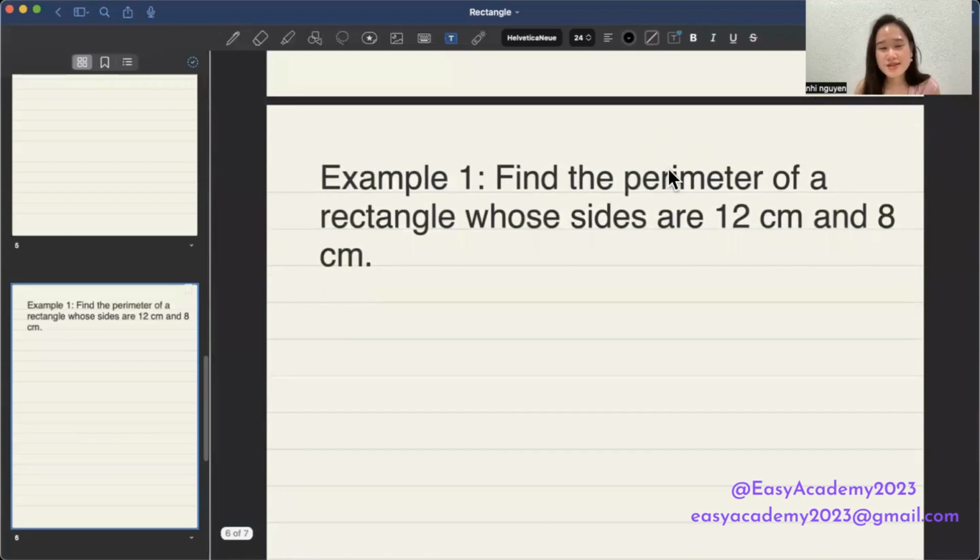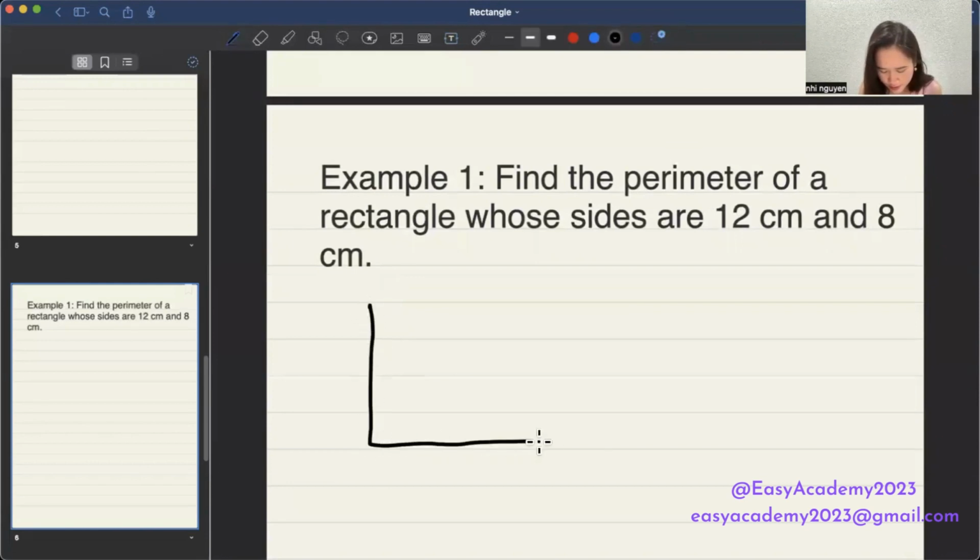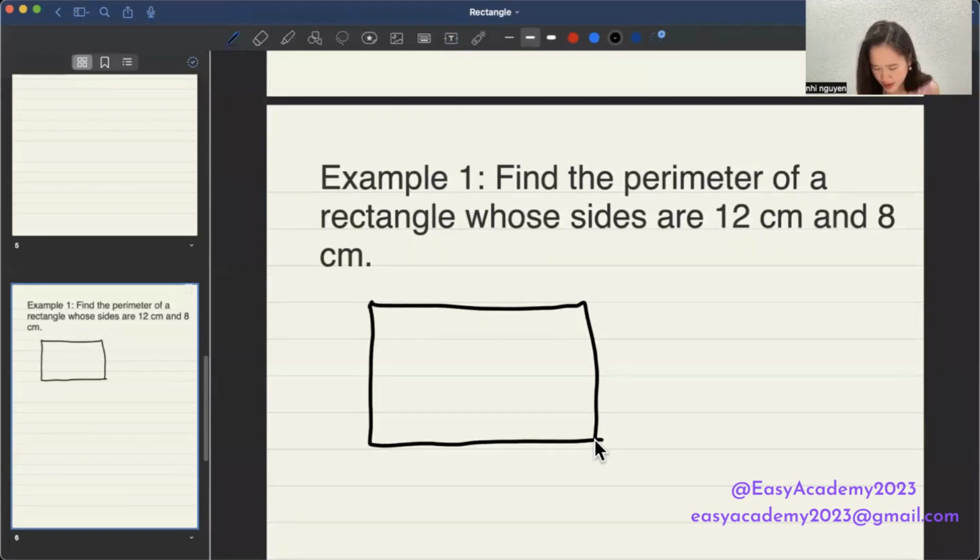Let's look at example number 1. Find the perimeter of a rectangle whose sides are 12 centimeter and 8 centimeter. Let's draw a rectangle with the sides 12 centimeter and 8 centimeters.